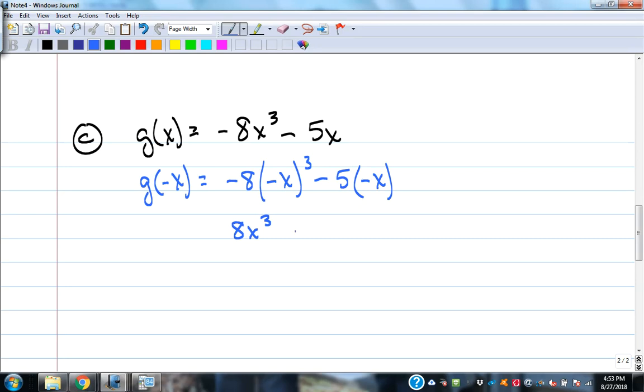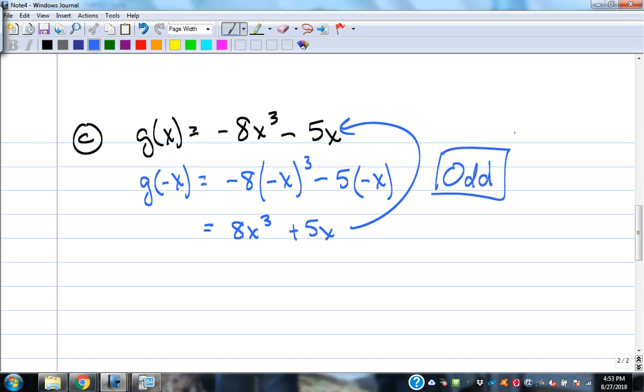Negative 5 times negative x is positive 5x. Everything changed signs. So that's odd. The shortcut is look at the original. The first one, the exponent is a 3. That's an odd number. What's the exponent on plain x here when there's not one written there? It's a 1. 1's an odd number, right? So the exponents on every piece was odd. So that means it's an odd function.